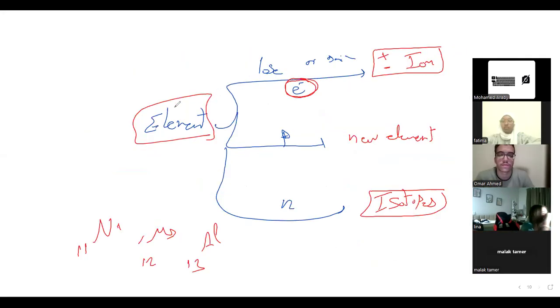So if we have any element by losing or gaining electrons, this means that it will change into positive or negative ion. If it's losing electrons, it will be positive ion. If it's gaining electrons, negative ion. If the element loses or gains protons, it changes into new element. If the element loses or gains neutrons, it becomes isotopes.